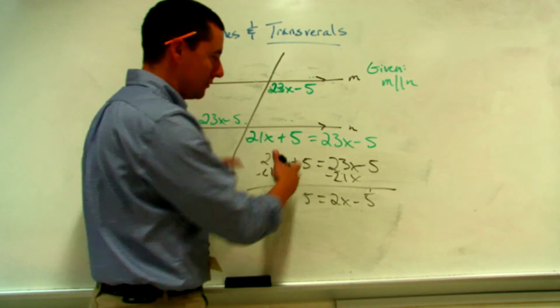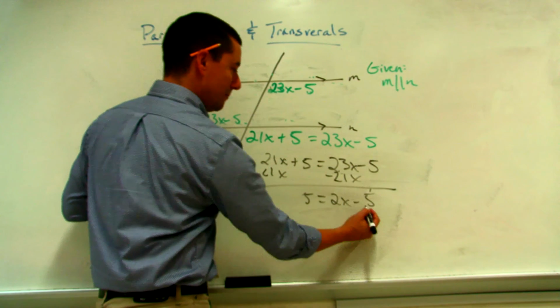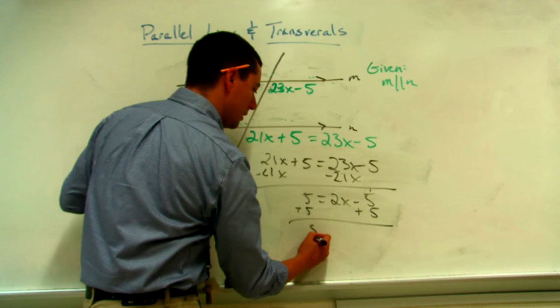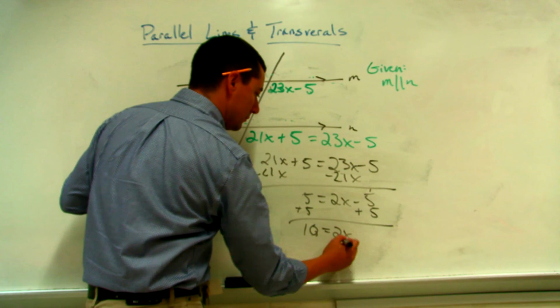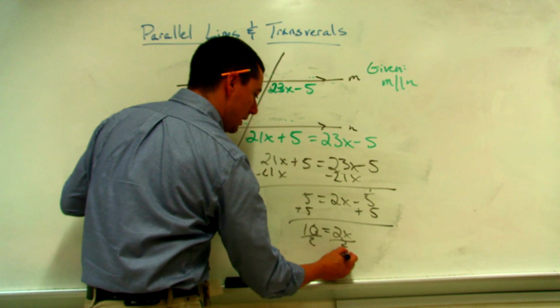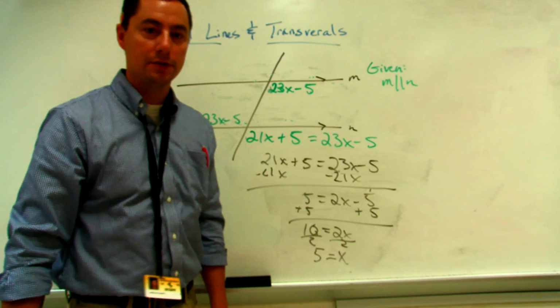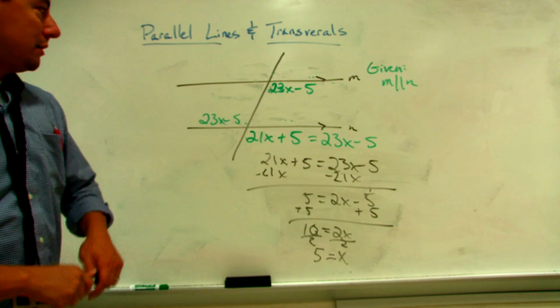I just do it in a way that I have a positive coefficient for x. Add 5 to both sides. All right, I got 10. It's 2x equals 10, divided by 2. And I get x equals 5. That's my answer. x equals 5.